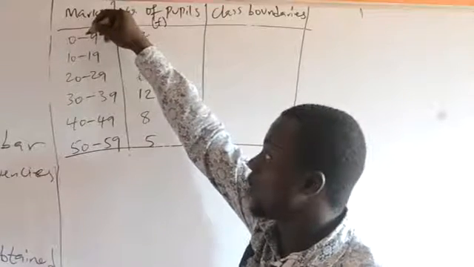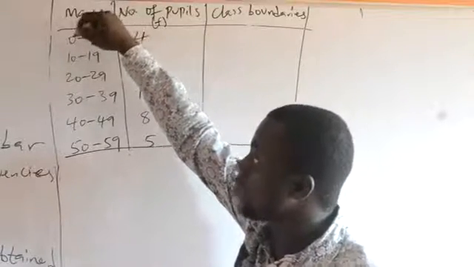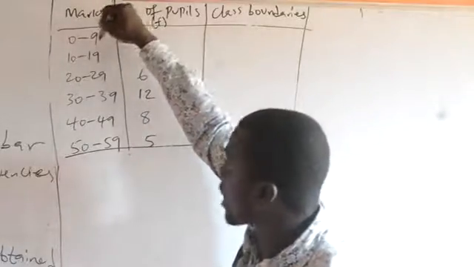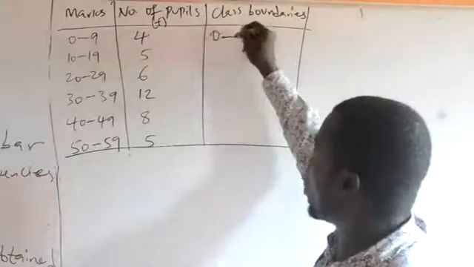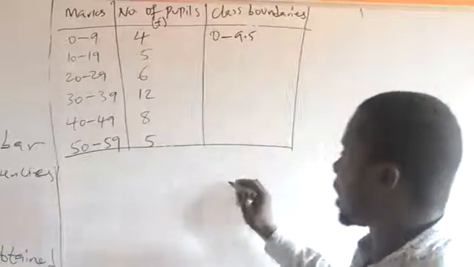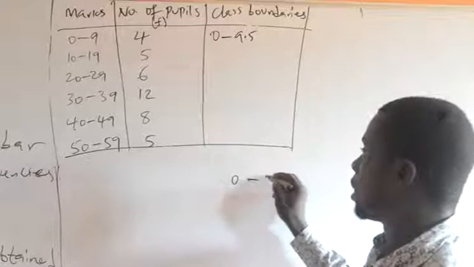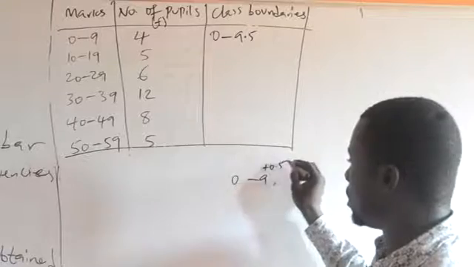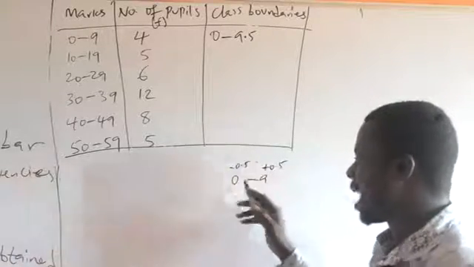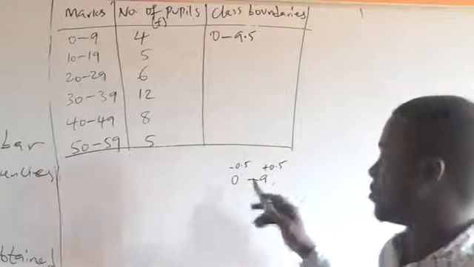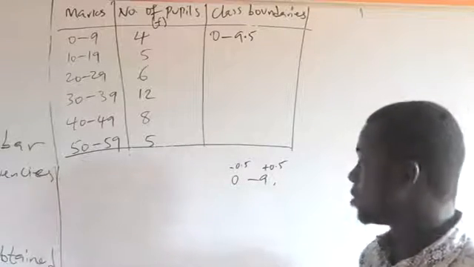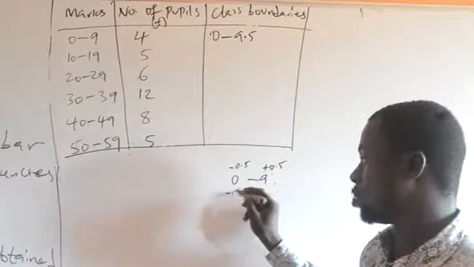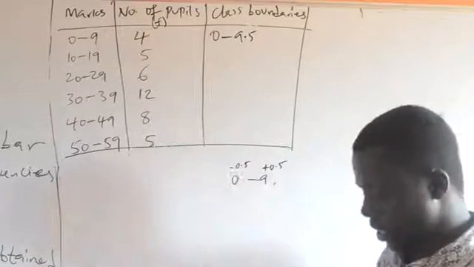Then the upper class boundary, you add 0.5, so now I have 0 to 9.5. That is the first one. Please, next time, if you have a question like this, don't subtract 0.5 from 0 to give minus 0.5. It's not done.